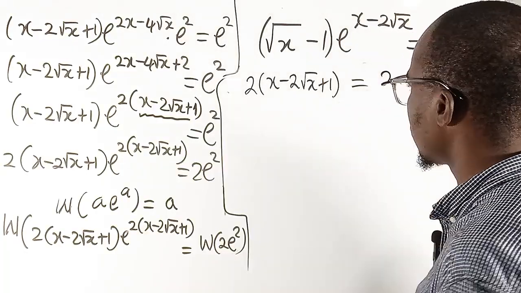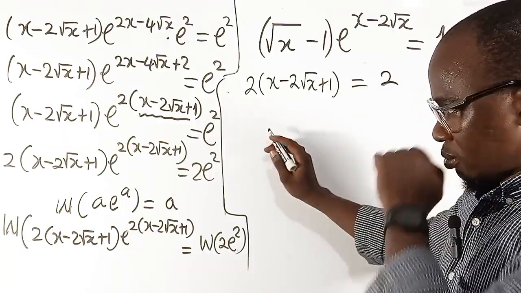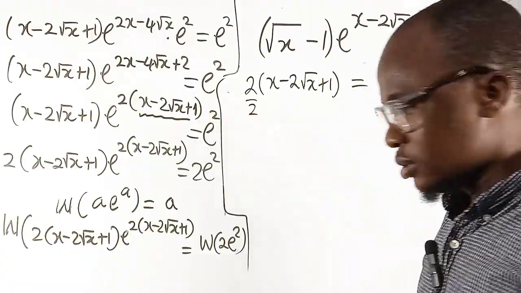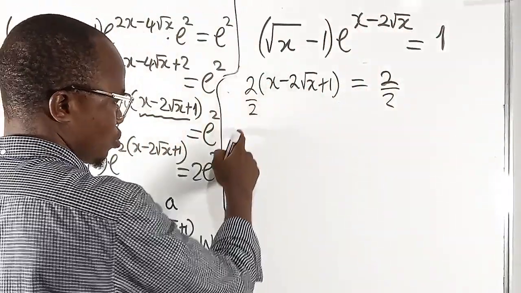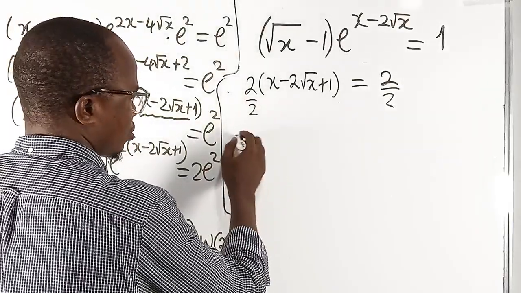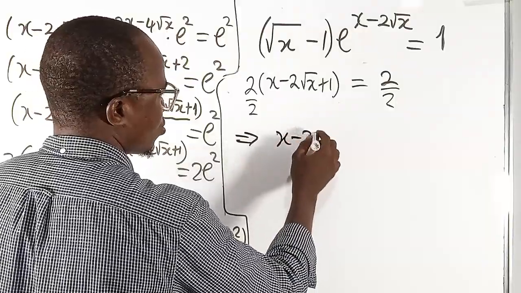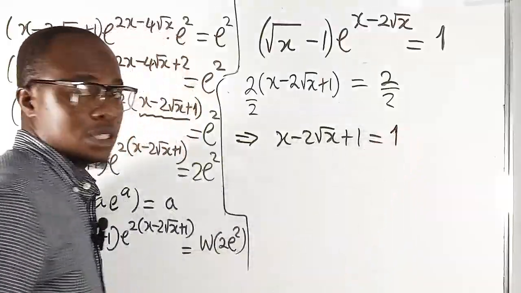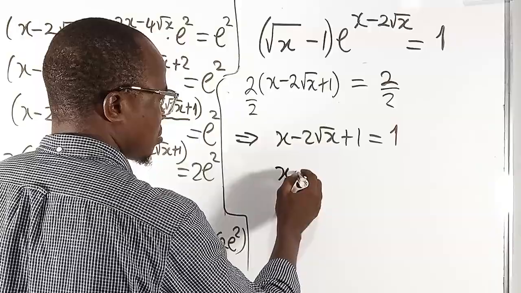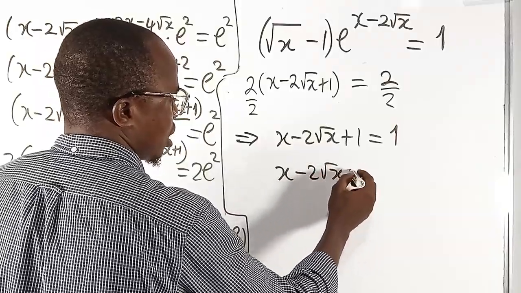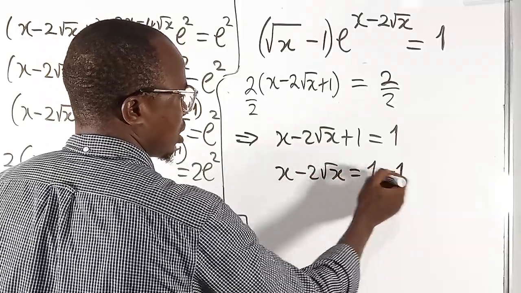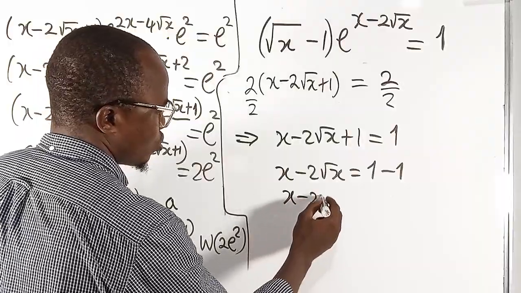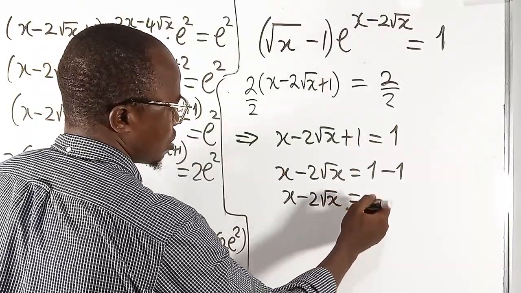Will be 2. So now from here, if you divide through by 2, you see that these 2 will divide 2, so we are going to be left with x minus 2 root x plus 1, then everything equals 1 here. Are you getting it? So from here we have x minus 2 root x equals 1, take away 1, if this 1 moves to this side, so we have x minus 2 root x equals, this will be what?